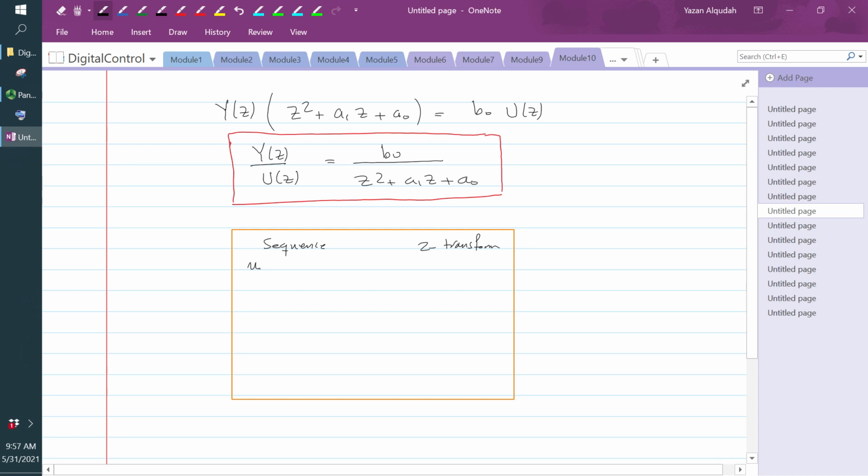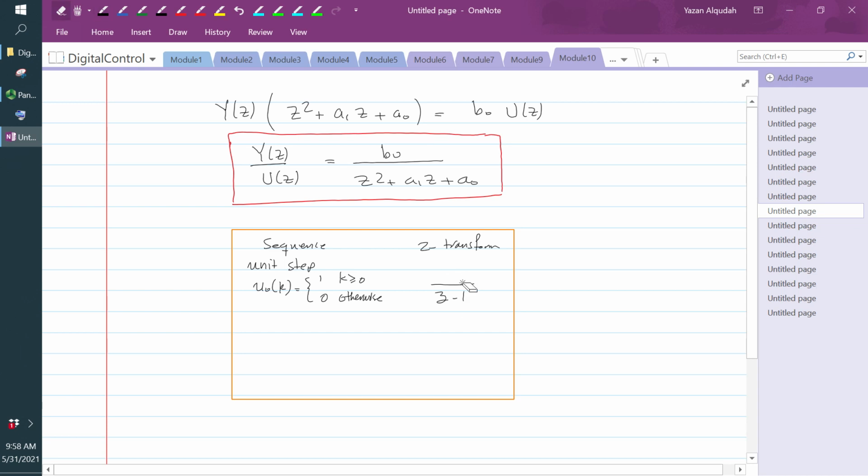A unit step function, which is u0(k) equal to 1 when k is greater than or equal to 0 and 0 otherwise. What is the Z transform of u0(k)? It's going to equal Z divided by Z minus 1.